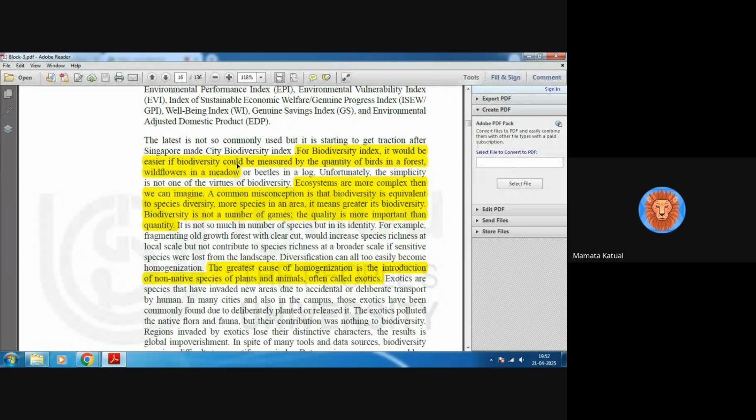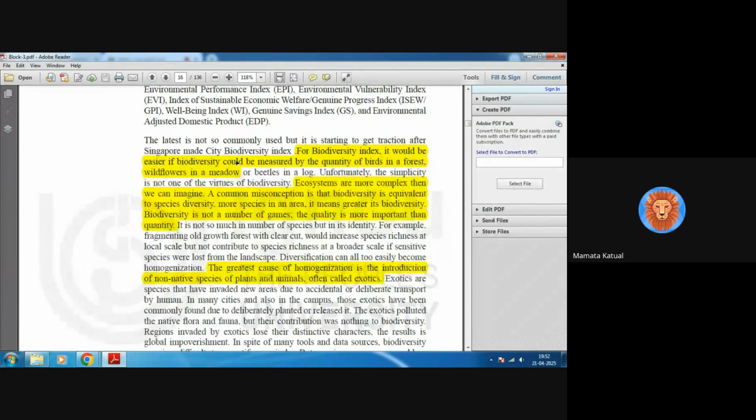So in the city biodiversity index, you can count the number of birds. It would be easier if biodiversity could be measured by quantity of birds in a forest.